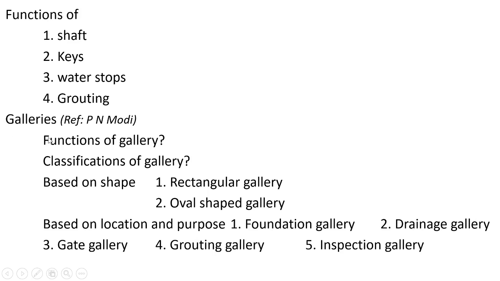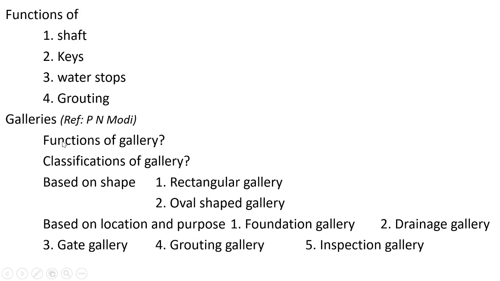Also galleries: you have to see the functions of a gallery and the classification of galleries. Normally classification of galleries can be based on shape, and based on location and purpose. Based on shape, it can be rectangular and oval shaped. Based on location and purpose, it is divided into foundation gallery, drainage gallery, gate gallery, grouting gallery, and inspection gallery.